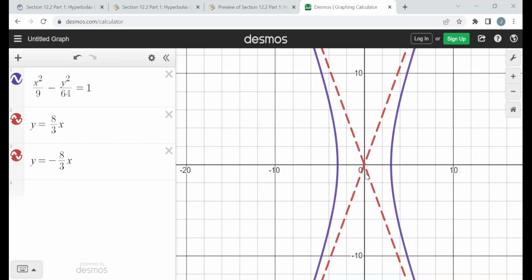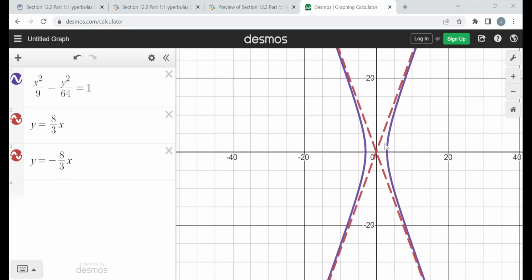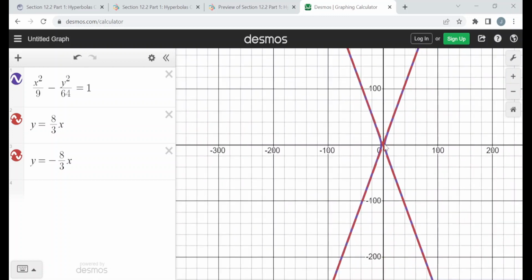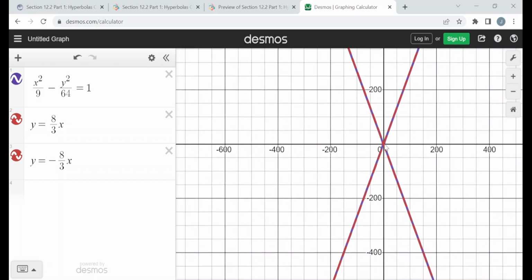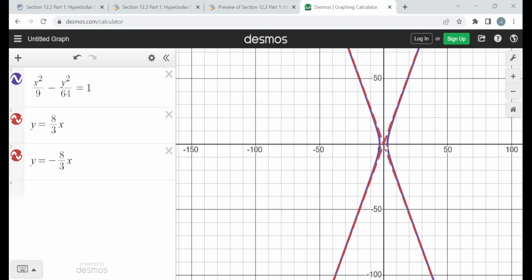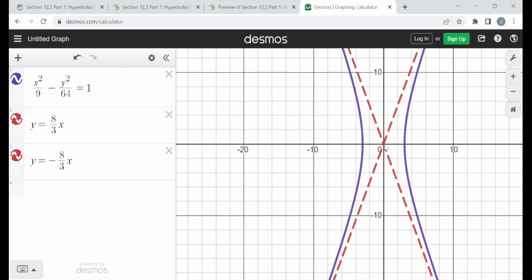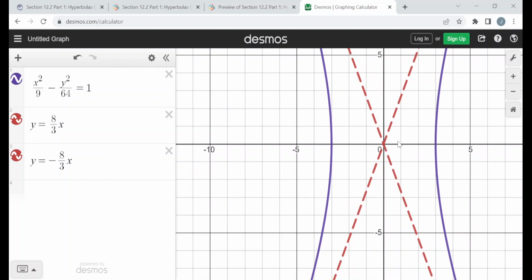If you zoom out far enough, the curves from the hyperbola almost become those lines, and that should be happening for any hyperbola. The graph will get closer and closer to these 2 asymptotes running through the center. So great, looks like my hand drawing was actually pretty good.